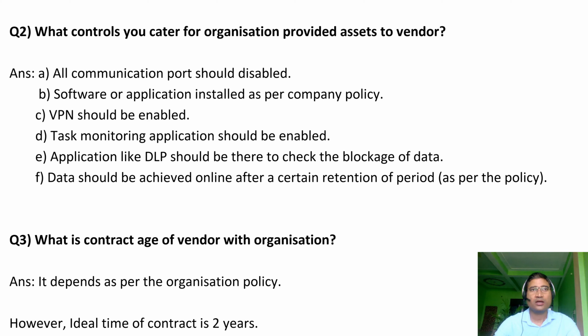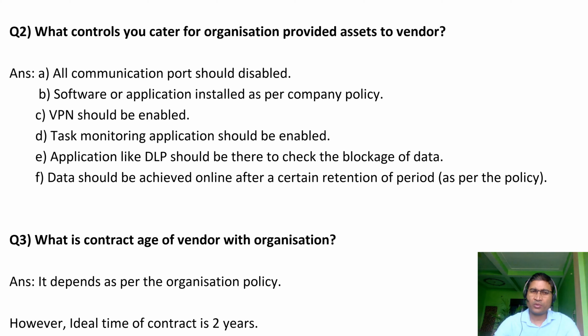Task monitoring means there are many licensed software through which we can monitor the ongoing activity, what tasks and steps the associates are performing on the vendor assets, whether they are using the assets for their own use, or whether any kind of misuse is happening.